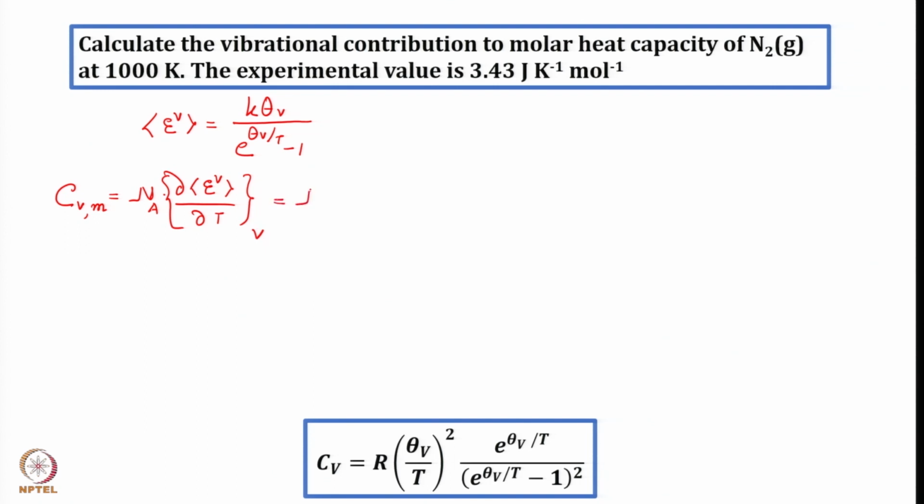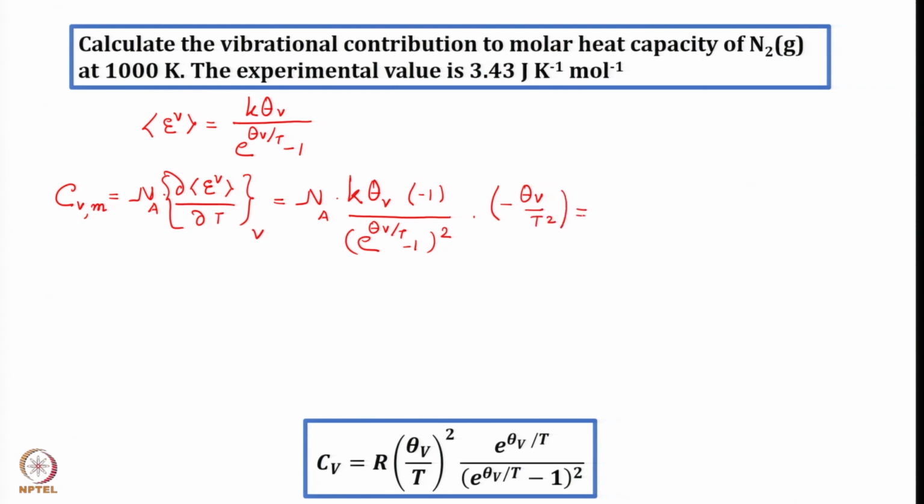So this is Na times, I need to take the derivative of this, which is k theta v, these are constant numbers, into minus 1 over exponential theta v by T minus 1 square, into the derivative of theta v by T, which will be minus theta v by T square.